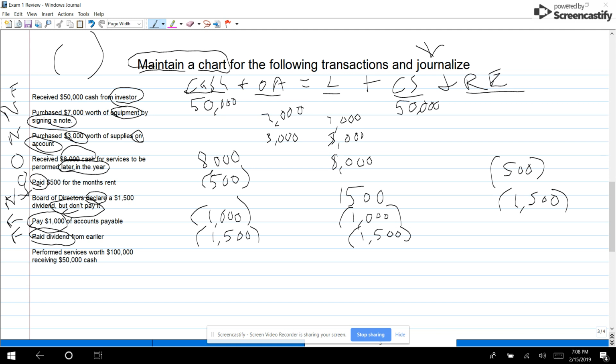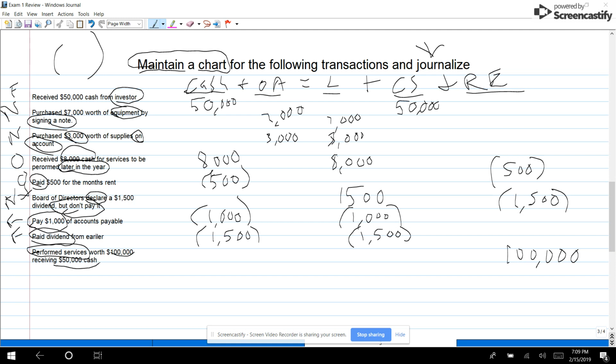We perform services worth $100,000. We already performed it, so we know that we earned revenue. As soon as we perform it, we earn the revenue. And in terms of goods, we earn the revenue when we deliver the goods. That's the other part of revenue recognition. It was worth $100,000, so we claim all of that as revenue right away.